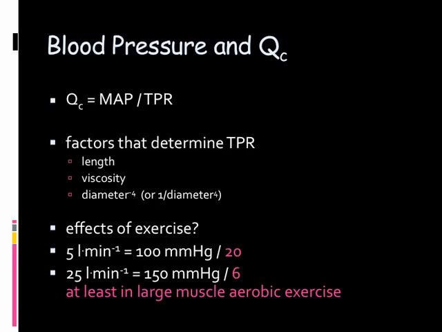First of all, length. The further you have to pump something, the more resistance there is. So the farther your house is away from the town's water tower, the lower will be the flow coming out of your faucet.